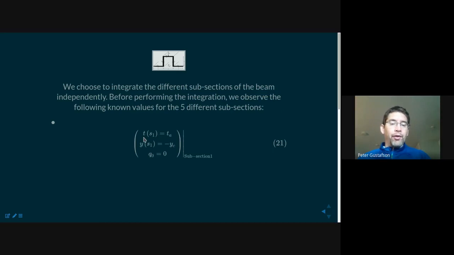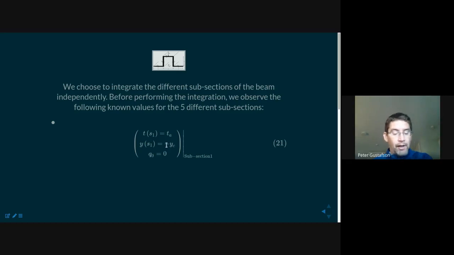So we know the integral is, what is it? It's ty ds. And then, of course, we also had the integration constant, which we need to track separately for each subsection. So for the section from the left edge to the first vertical component, the thickness as a function of s was a constant value t_A. The y value for that segment is a constant value.